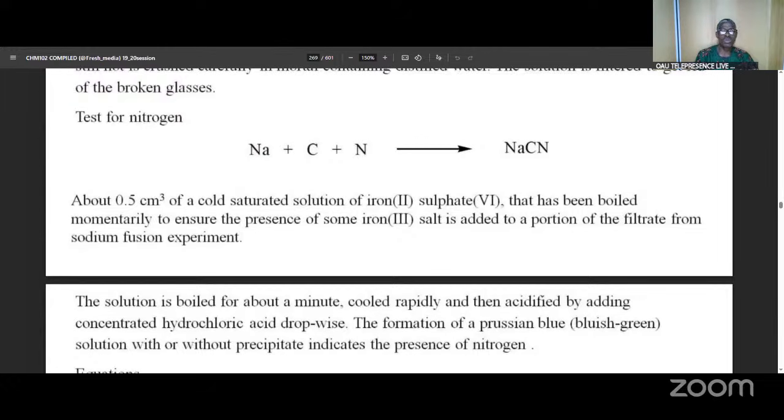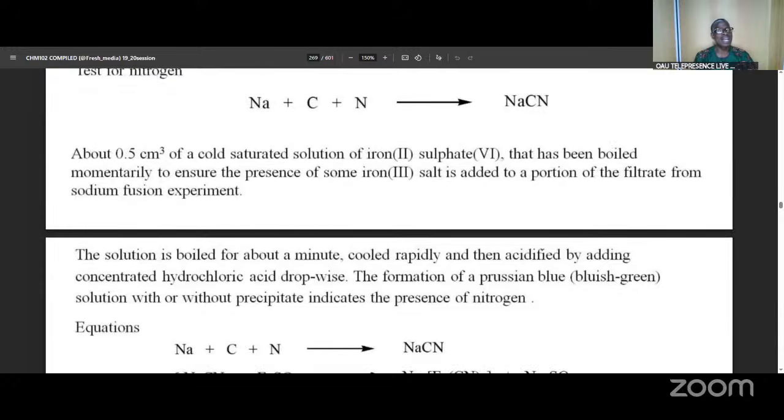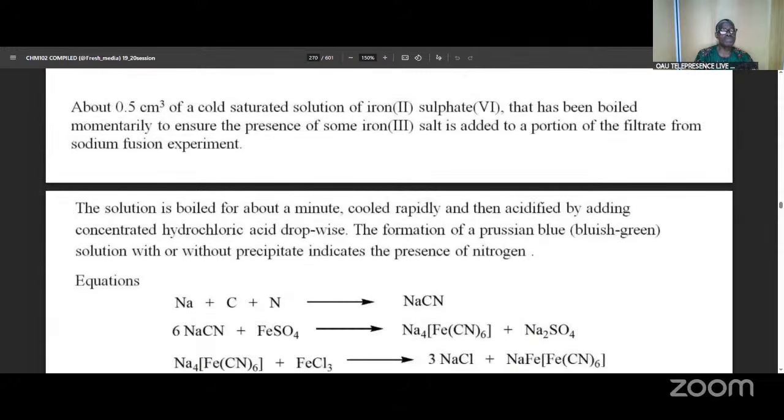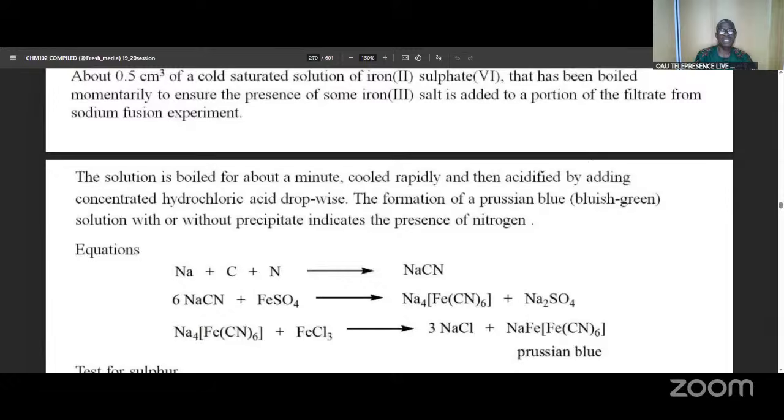Now, you remember our qualitative analysis. Take about 0.5 cm cube of a cold saturated solution of iron(II) sulfate that has been boiled momentarily to ensure the presence of some iron(III) salt, and add it to a portion of the filtrate from the sodium fusion experiment. The solution is boiled for about a minute.